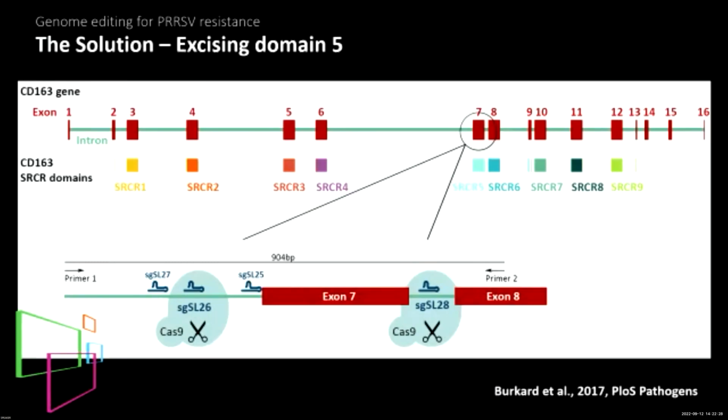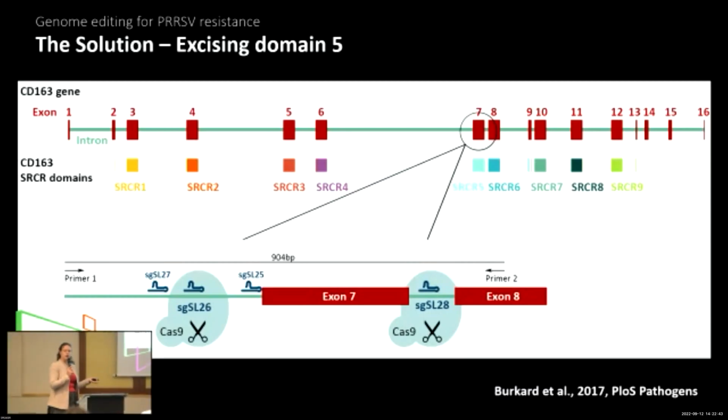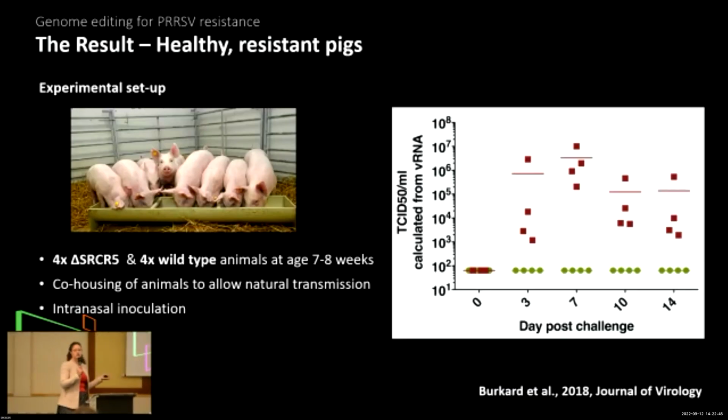So the solution was simple. Target genome editors at either side, remove domain number 5, and you get strings on a bead that are just 8 instead of 9.